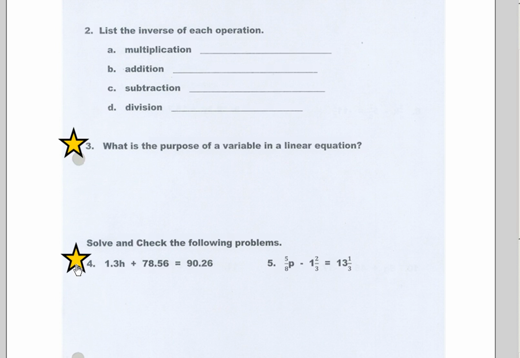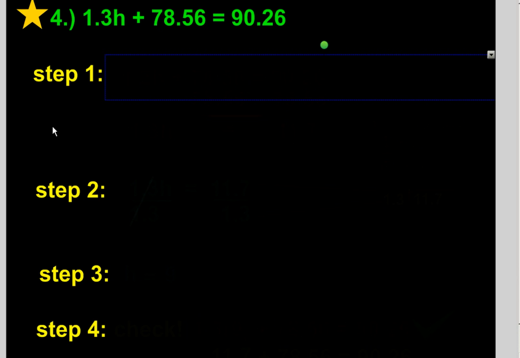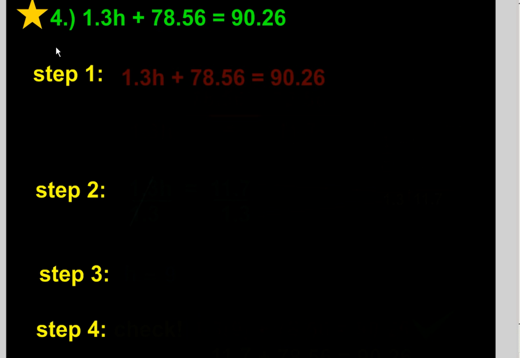Let's take a look at question number 4. For question number 4, we have 1.3h plus 78.56 equals 90.26. The first thing we need to do is to rewrite the equation. We want to get rid of as much of the numbers on this side of the equation as we can, and leave the variable, so that it equals this on the other side of the equal sign.